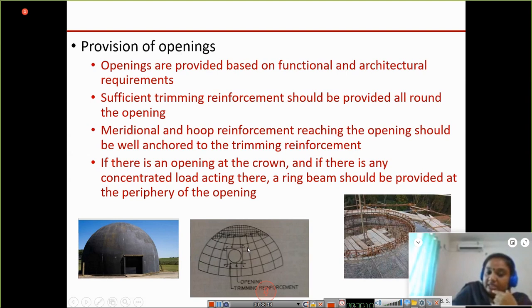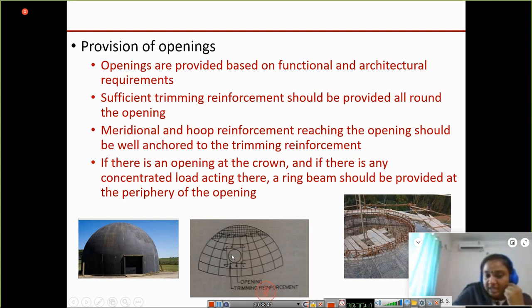And suppose you want to provide an opening like this, similar to an igloo. There you need to stop the meridional and hoop reinforcement, and this needs to be well anchored to the trimming reinforcement.